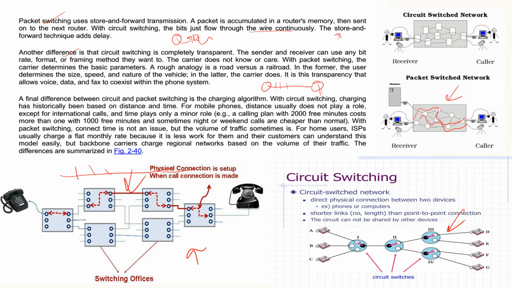So they will agree on a rate and on a format, such as how many bits are the start bit and end bit, a particular rule, and the speed also has to match. That happens in circuit switching. Whereas with packet switching, the carrier determines the basic parameters.